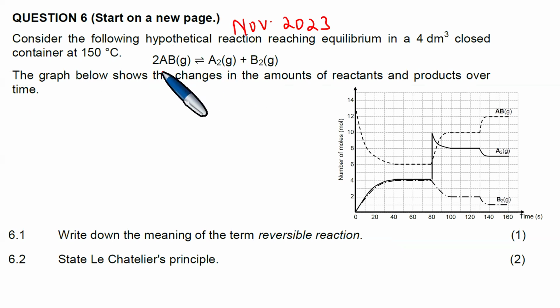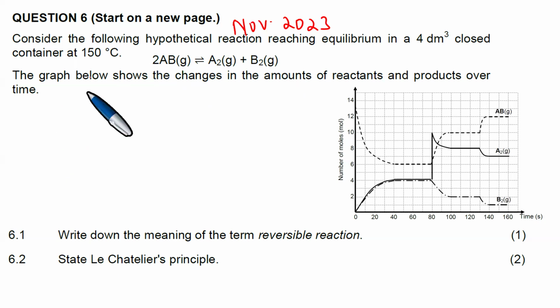So you have 2 moles of AB gas, which break down and undergo dissociation into A2 gas plus B2 gas. All these are gases, and therefore this is a hypothetical reaction.